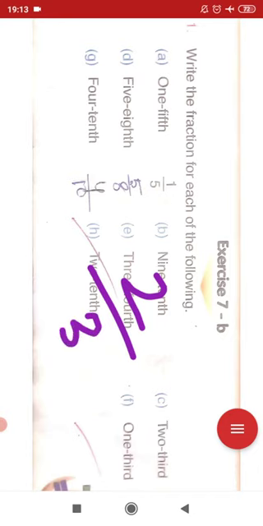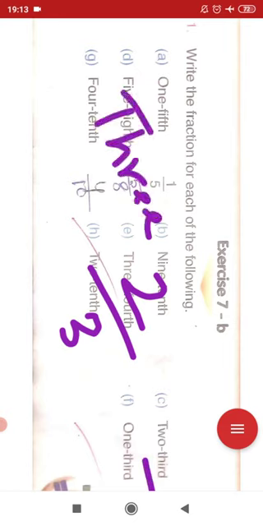So 2/3 is the fractional number. You can see, 3 is the number, but here we are representing the denominator as third.